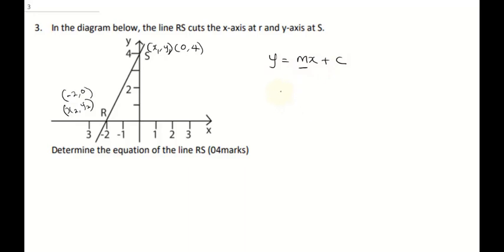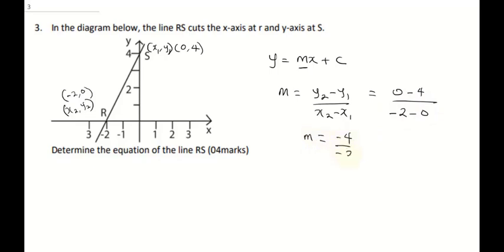So let's get our slope, where our m is supposed to be the change in y, y2 minus y1 over x2 minus x1. Now, our y2 is 0 minus 4 and our x2 is minus 2 minus 0. This is going to give us m equals minus 4 over minus 2, and that will give us 2. Now, having gotten our slope, our y will be equal to 2x plus c.